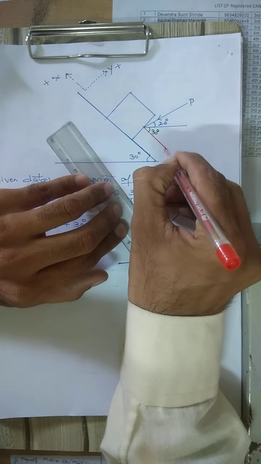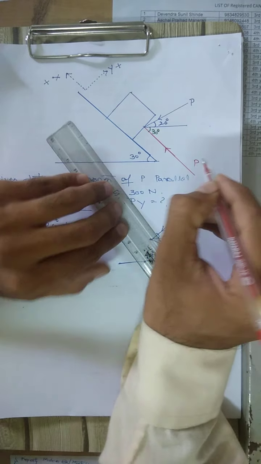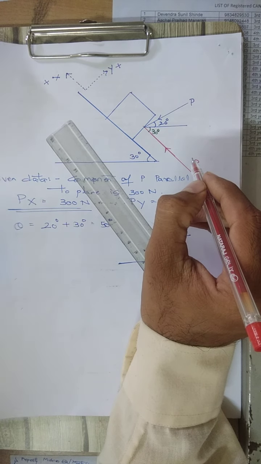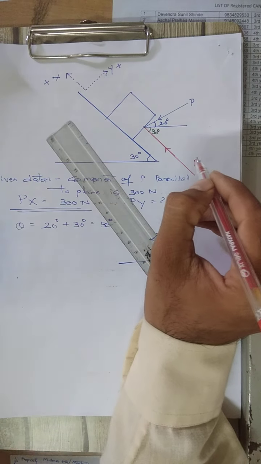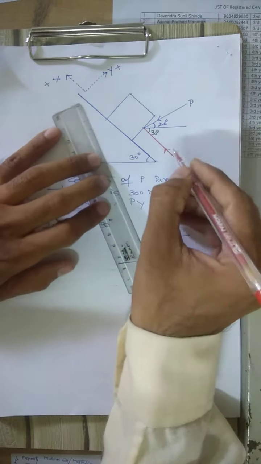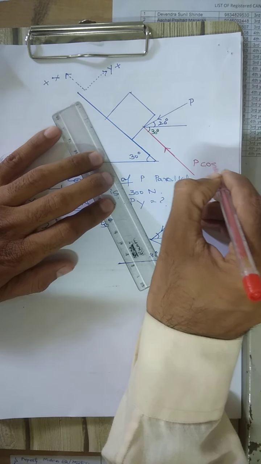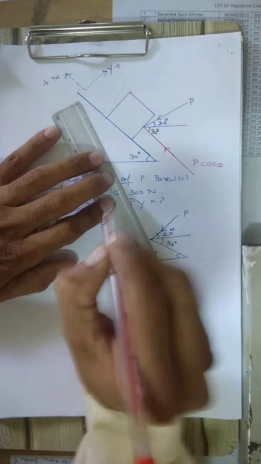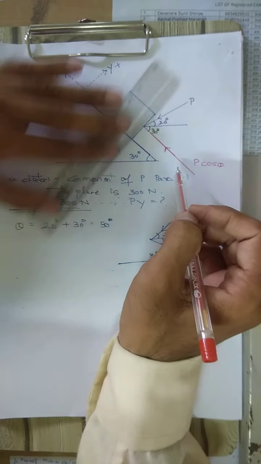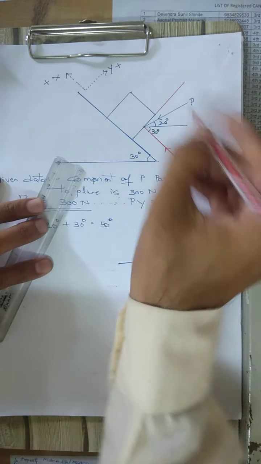This is one component of force P, that is P cos theta, because it is making an angle with the horizontal x, and this total angle is 50 degrees. And this will be P sin theta.